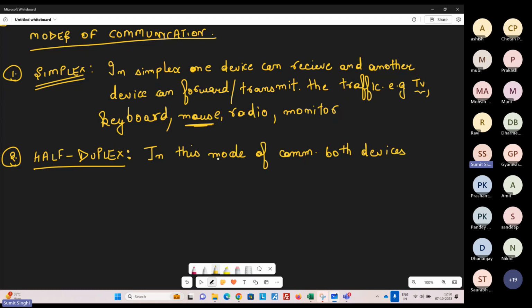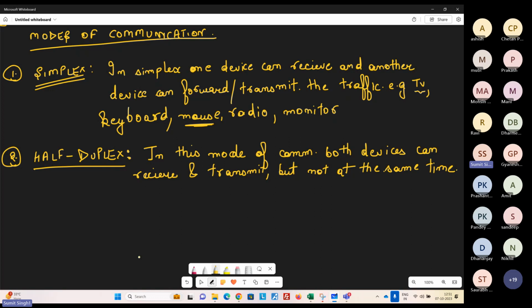But in half duplex, in this mode of communication, both devices can receive and transmit, but not at the same time. At one point of time, a device will either be able to send or be able to receive.